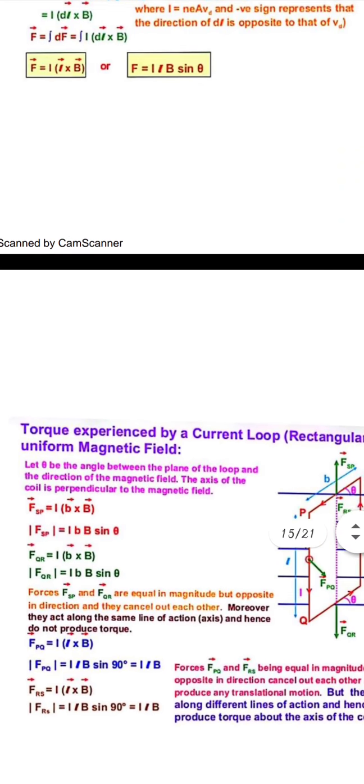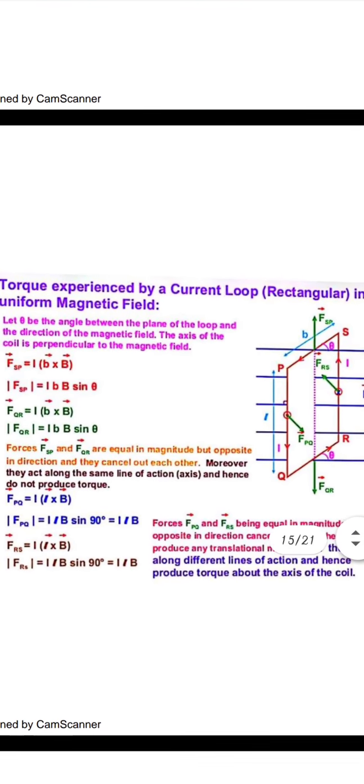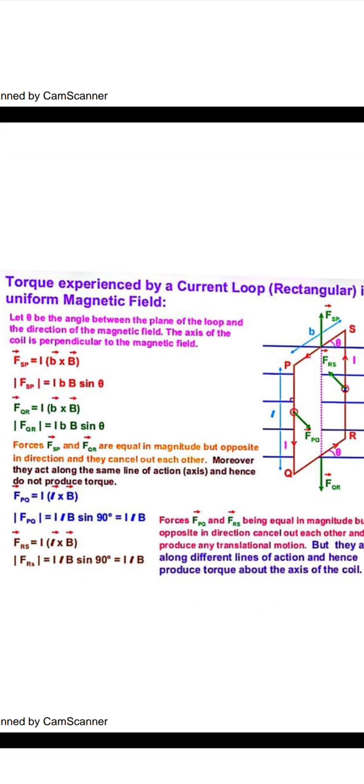Now, if a loop is kept in a uniform magnetic field, it will experience two forces, and this couple of forces is said to be the torque, represented by the letter tau. Both forces act on the current carrying loop, that is the rectangular loop, and a similar principle is used in the galvanometer also.